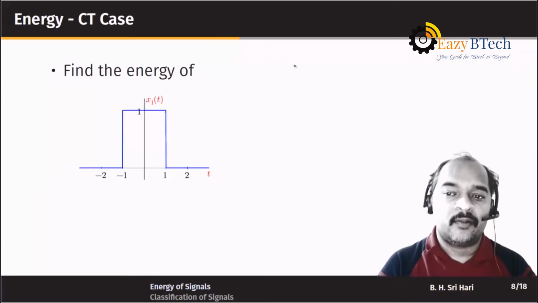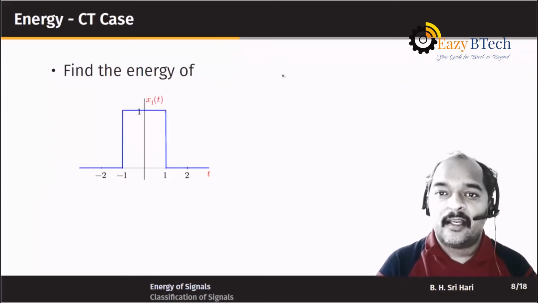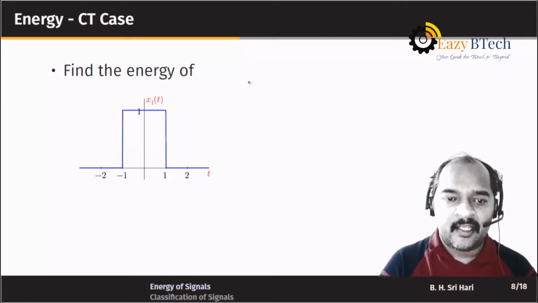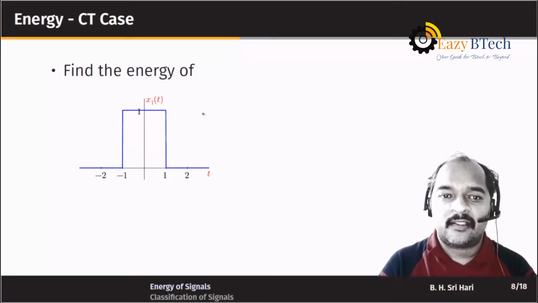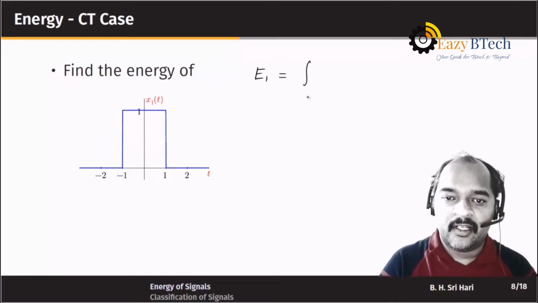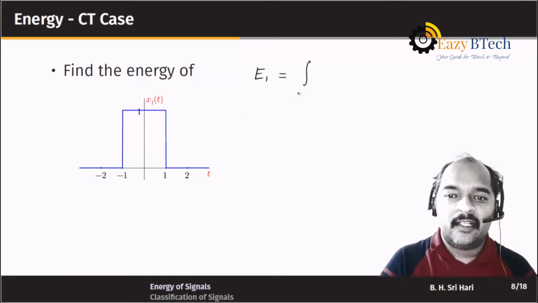Now let us look at a few examples and infer a few more observations. For the given signal x1 of t here, we are asked to find the energy. Let us call that energy E1. Actually, the integral should be from minus infinity to infinity, but the signal exists only from minus 1 to 1. And because the signal is real, why do I say the signal is real here?